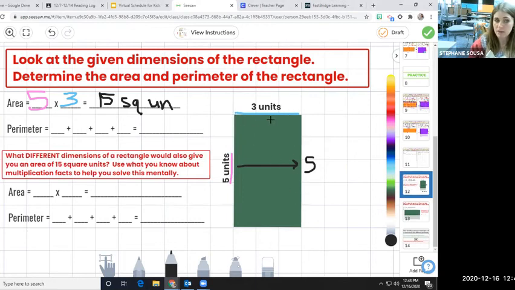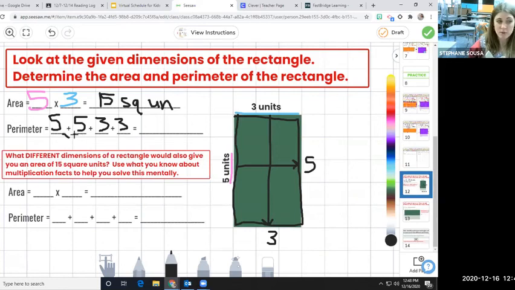If the top is 3 units, I can see that the bottom is also 3 units. So I'm going to record all of these, both of my lengths, 5 plus 5, and both of my widths, 3 plus 3, and I'm going to know the total distance around the outside of the shape.